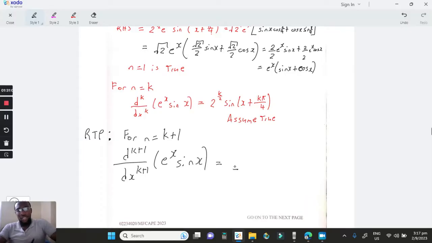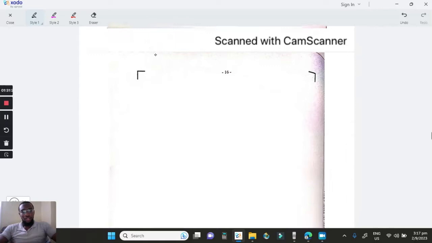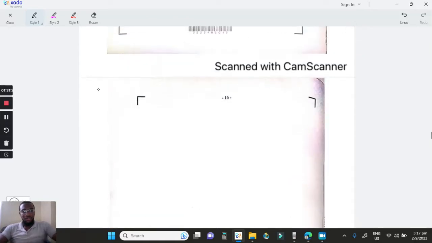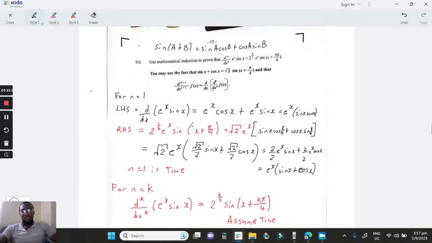We're supposed to get 2 to the k plus 1 over 2 sine in bracket x plus k plus 1 pi over 4. That's what we're required to prove. Okay, so let's work towards that. So now we can state for n equal to k plus 1, right?